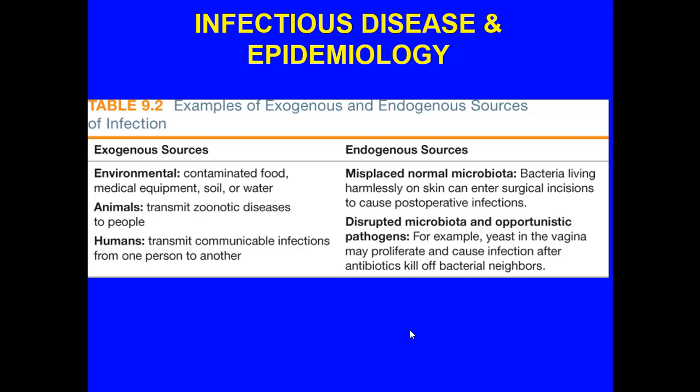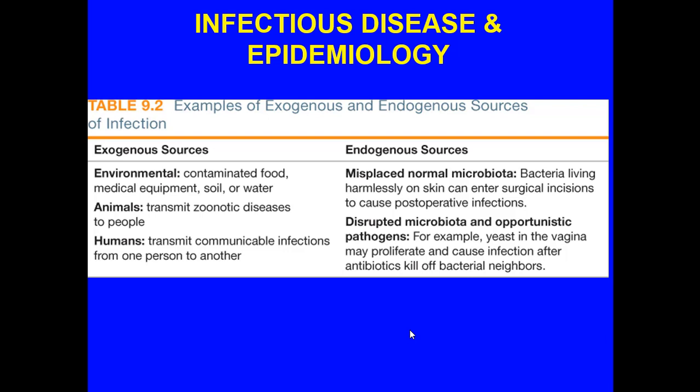When we talk about endogenous sources, this is a situation where you have misplaced normal microbiota. Now think about it this way. We have bacteria living on our skin, doesn't cause any illness, but you have an opening of the skin, let's say due to a surgical incision, and it leads to eventually a post-operative infection.